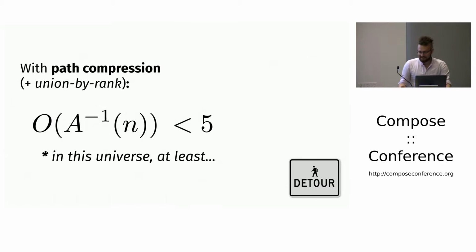That's to say, Ackermann 5 can't actually be represented in the physical universe. If you took all of the subatomic particles and you made them bits, then you'd need many, many universes to represent it. So yeah, this is one of those weird algorithms that has asymptotic complexity of 5.